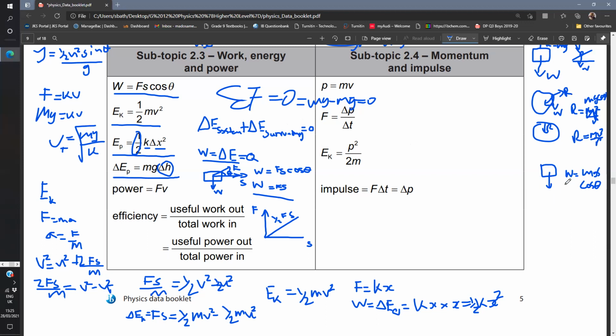And S is going to be equal to h because we're looking at height. So W, and this is going to be cosine 0 because there's no angle, because h is in the same direction as the force. So mgh, and that's basically the equation for the potential energy.